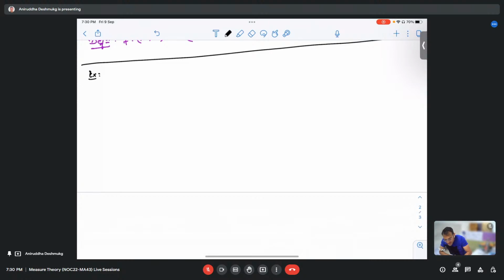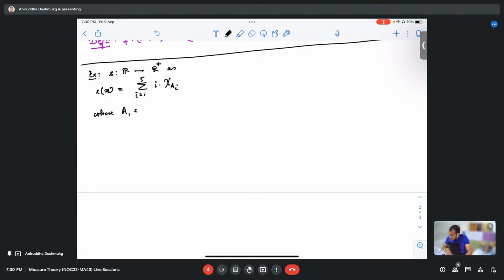Let us define S from R to R, or R to R star, doesn't matter. S of x is equal to the sum from i equals 1 to 5 of i times chi A_i, where the A_i are as follows.